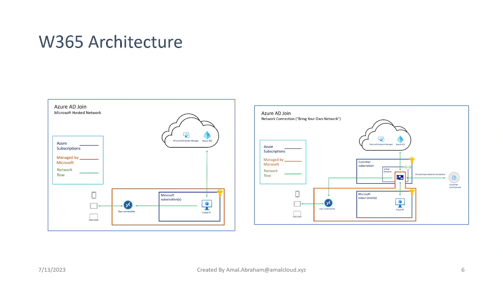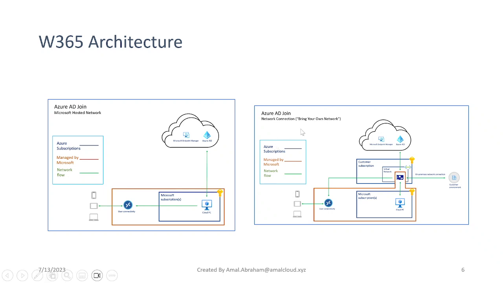That red box is basically showing that the entire thing is managed by Microsoft. This is your control plane, which is managed by Microsoft. This is your VM, which is managed by Microsoft. What is managed by you is the connectivity and your connectivity to your Azure AD and your policies via your Endpoint Manager or your Intune.